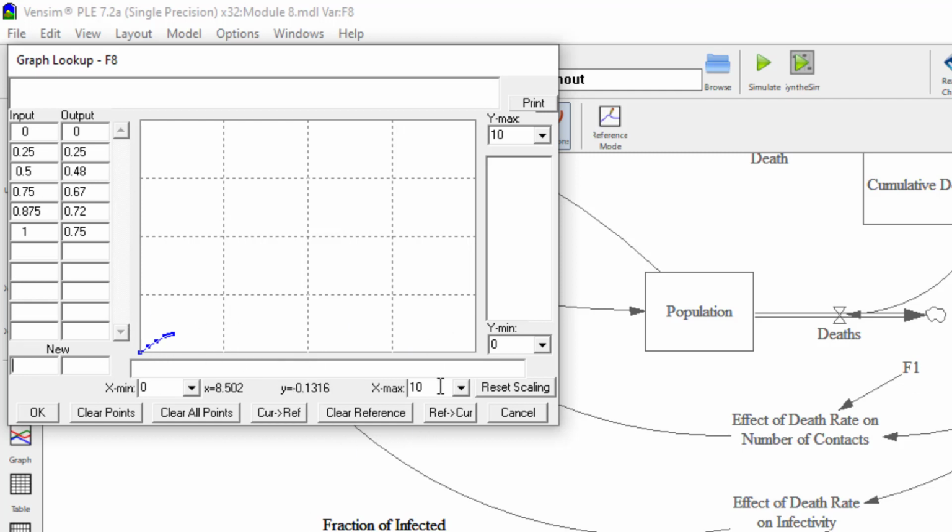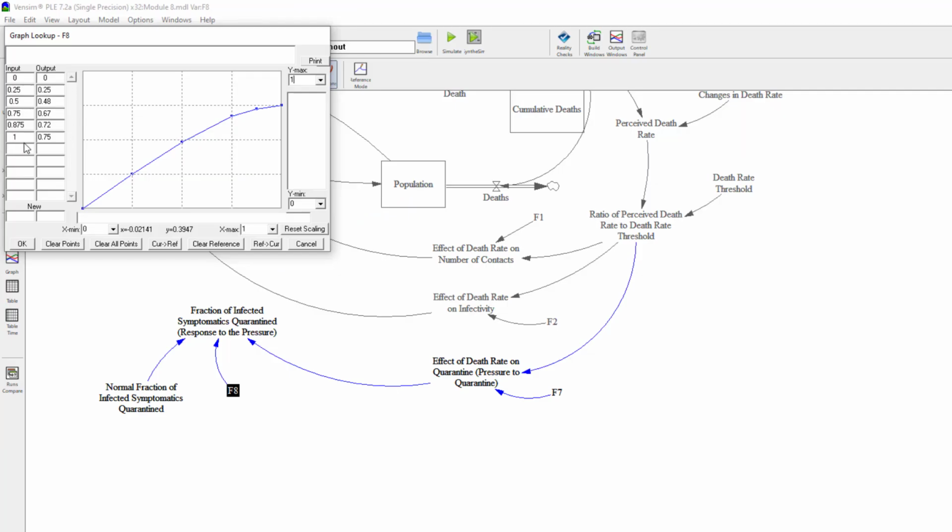So let's change the x maximum to 1, and then y maximum to 1 as well. Now you can see the shape of this table function, right? So what's going on here is if the input x-axis is 1, then the maximum fraction of infected symptomatics quarantined that we're going to be getting is 0.75.